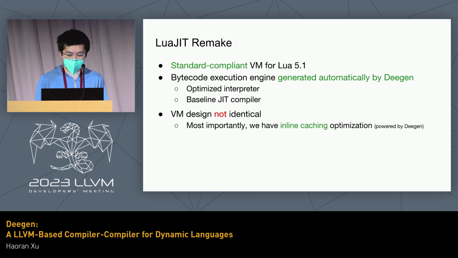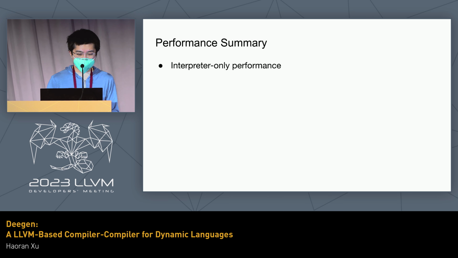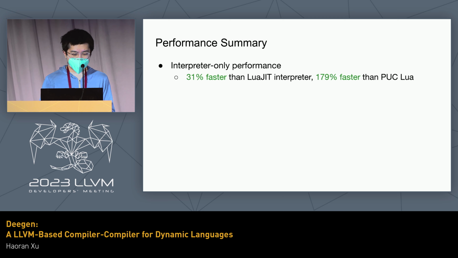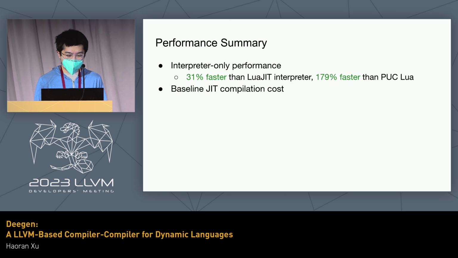Importantly, we have inline caching optimization. For interpreter-only performance, we are about 31% faster than the highly optimized LuaJIT interpreter, and 179% faster than the official PUC Lua implementation.